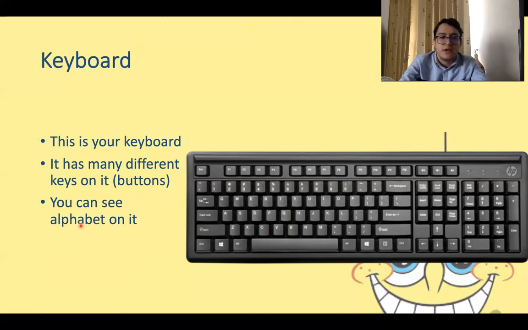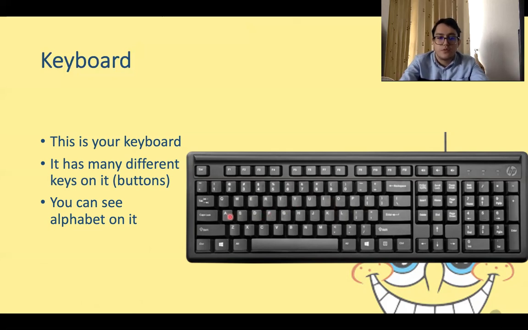You can see there are a lot of alphabet that we need to type our words, such as A, B, C, D, Q, W, E, R, P, L, K, H, and so on. So you need all these to type.